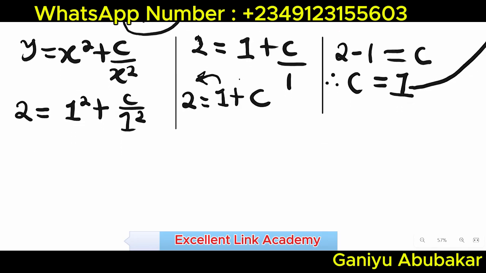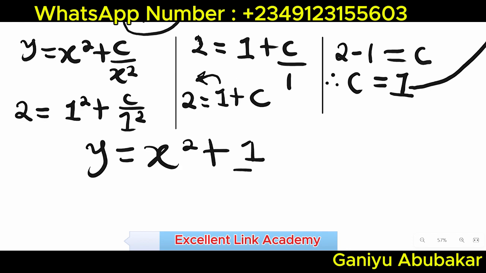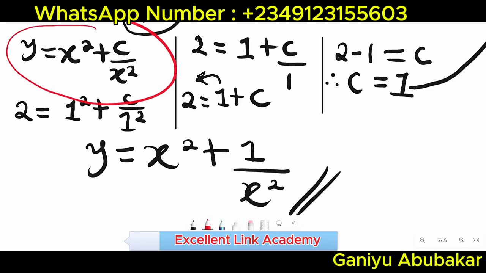From here, I'll have that y equals x squared plus c, now 1, all over x squared. This is because this is the original equation here. I'm checking the question from here. See, this is the question here, right? So this y is your y here. This x squared is your x squared here.